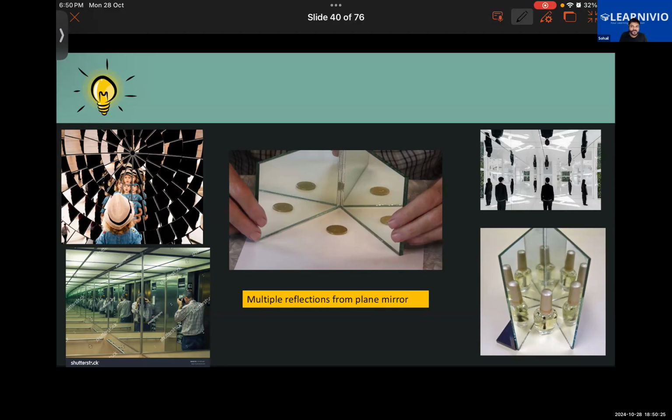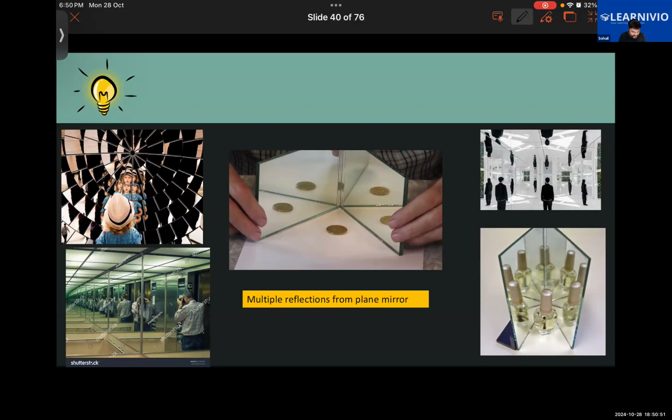That is the concept of multiple reflection, and you can calculate how many images are formed based on the angle at which the plane mirrors are inclined. How many images of this coin are formed here? 4. 4, right?